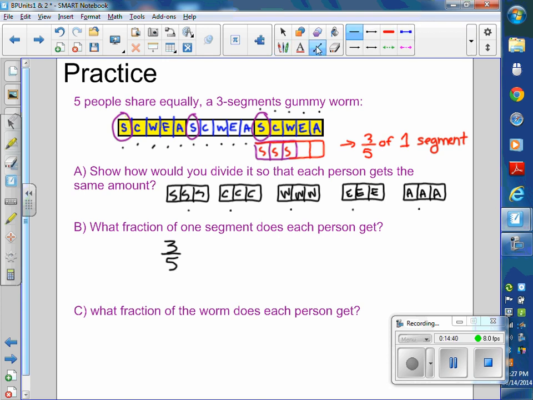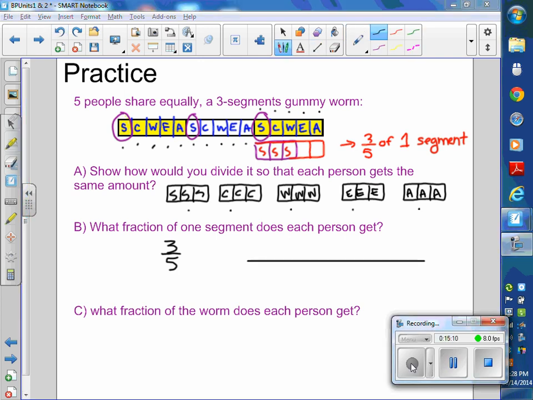So if you use a ratio table here, you can set it up the way we did the first one, where we have segments again, and people.